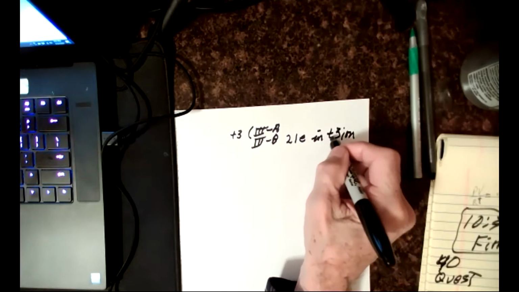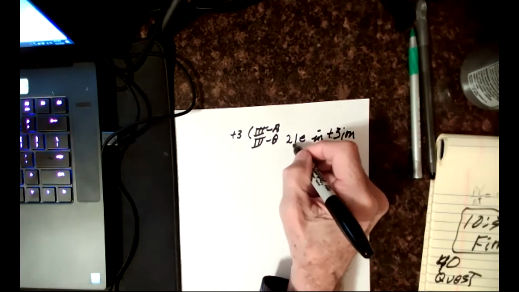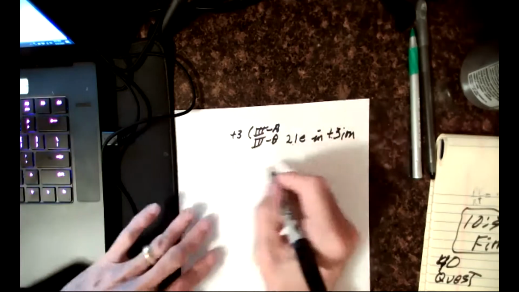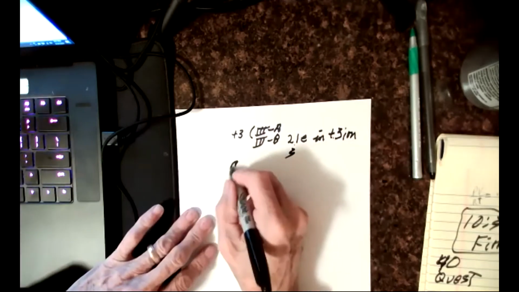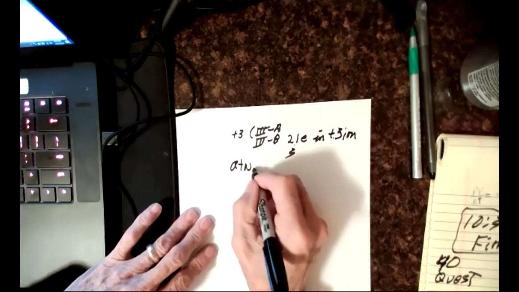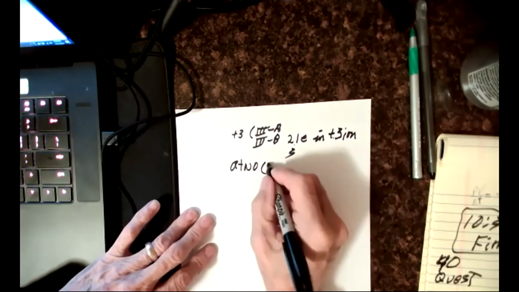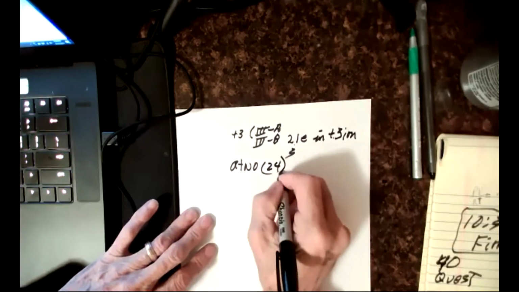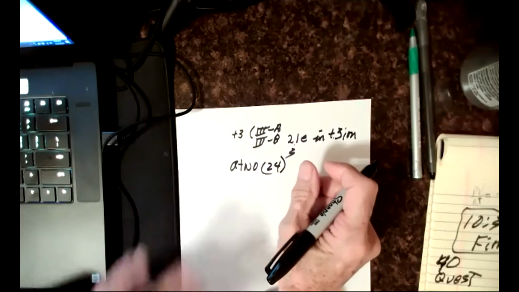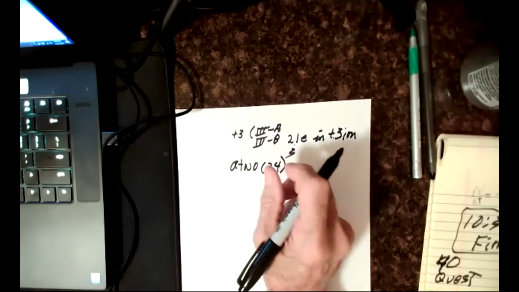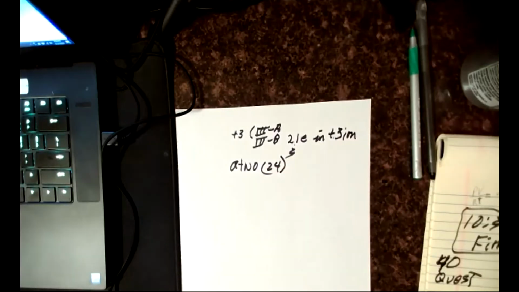Okay, that means the atomic number is 3 bigger than that. So that means the atomic number of that element is 24. I kind of bet you we can get the answer right now. All we got to do is find element number 24 on the periodic chart.